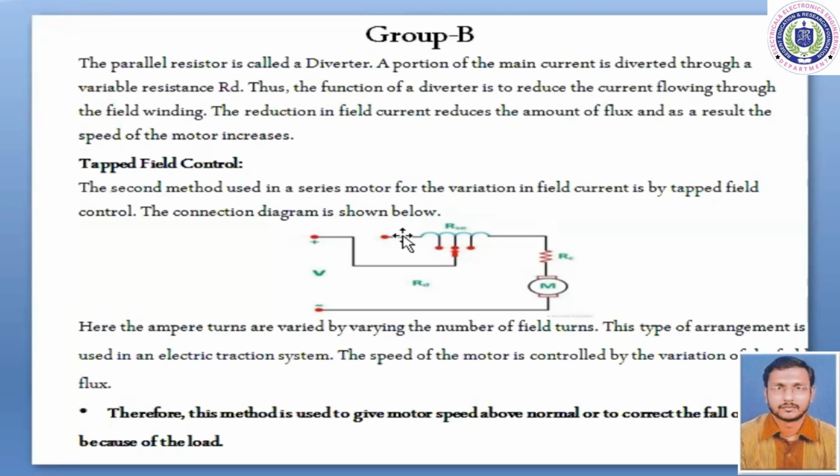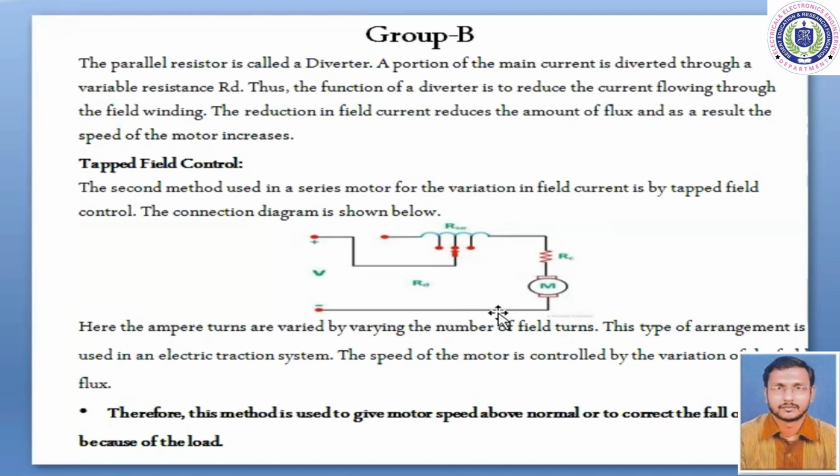Here we change the ampere turns by varying the number of field turns, and so we can control the value of field current, and lastly, change the value of speed.